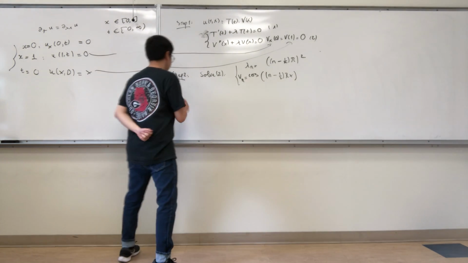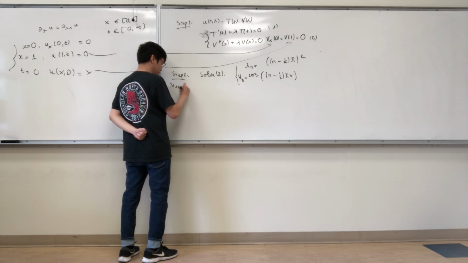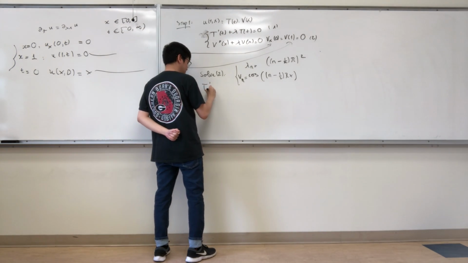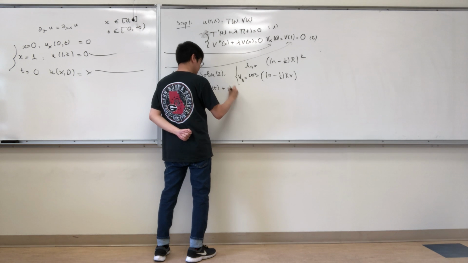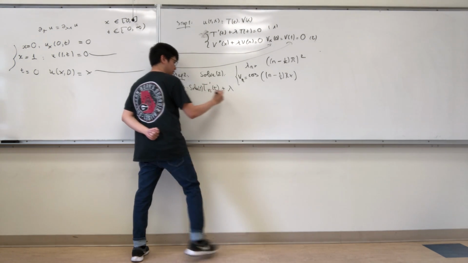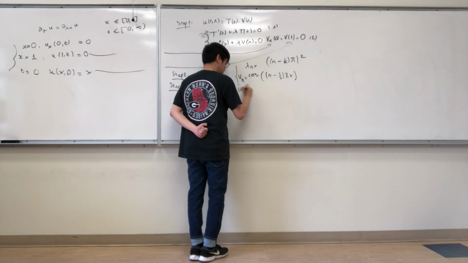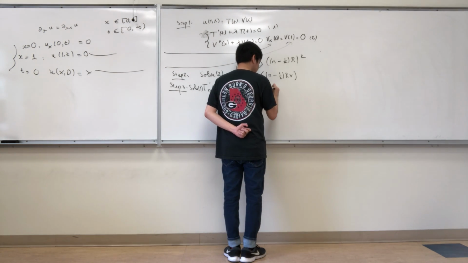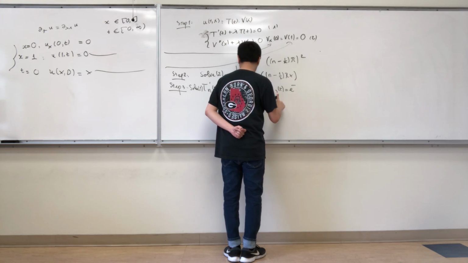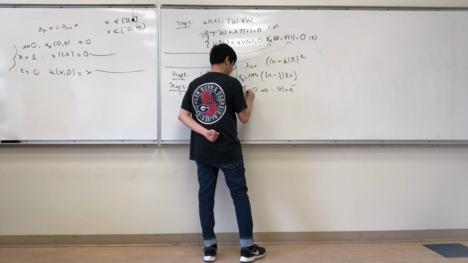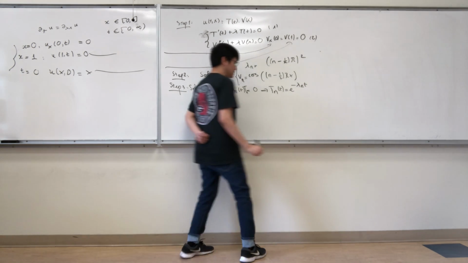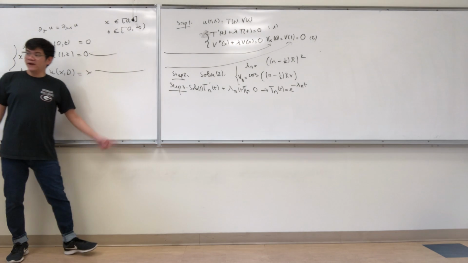So step number 3, you plug lambda back into the first equation. You have Tn prime plus lambda n Tn is 0, and this gives you Tn(t) equal to e to the power minus lambda n t.